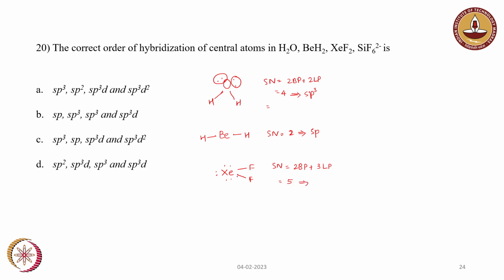So it will need 5 hybrid orbitals to accommodate these 3 lone pairs and 2 bond pairs. So it will be sp3d.